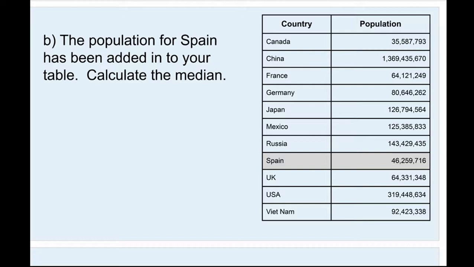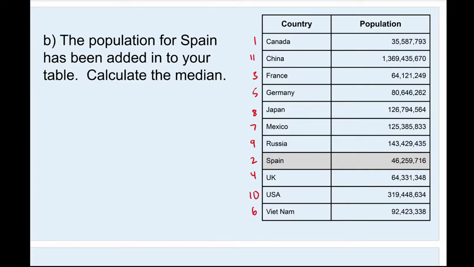So I've added Spain in here in gray, and again we're going to go through and order them. So again, Canada's 1, Spain is now 2, France is 3, UK is 4, 5 is Germany, 6 is Vietnam, 7, 8, 9, 10, and 11.